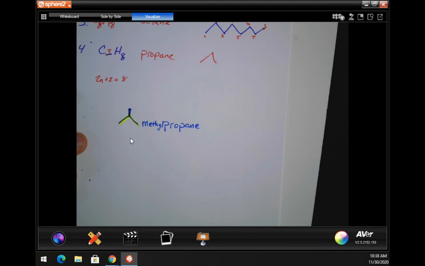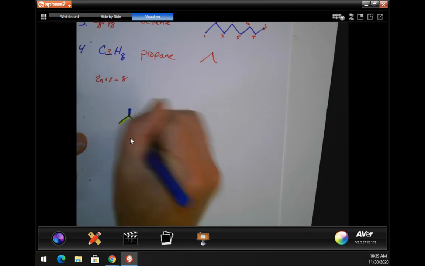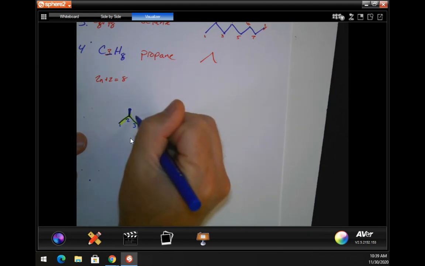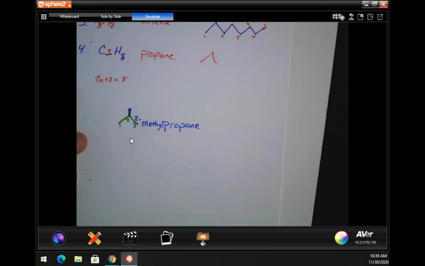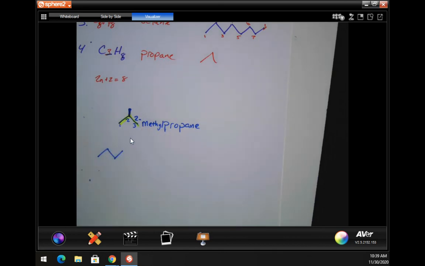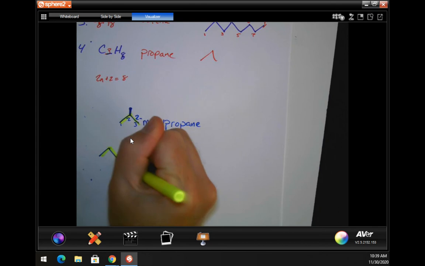Now, I don't have to put the 2 on there because that's on the second one. You smart kids tell me I could put the 2 like that. Why do I not have to put the 2 there? Can I have something like that and say that this is the longest chain?